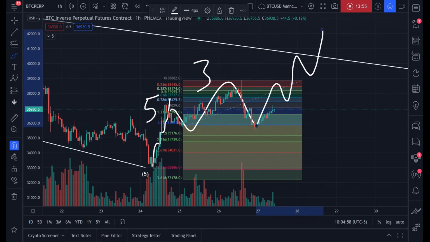So what do you expect? 5 waves. What is that? That is a zigzag. A zigzag correction is an ABC correction in Elliott wave theory that gives you 5 waves impulsively, then a 3-wave correction to between the 0.5 and the 0.618 of that initial 5-wave structure, which is now an A wave.